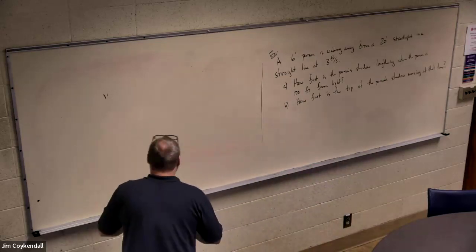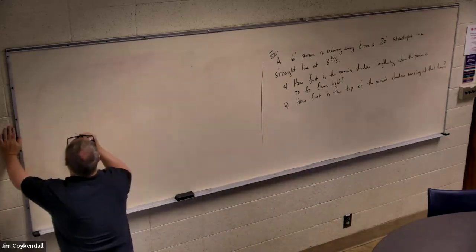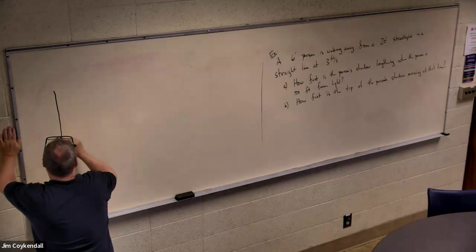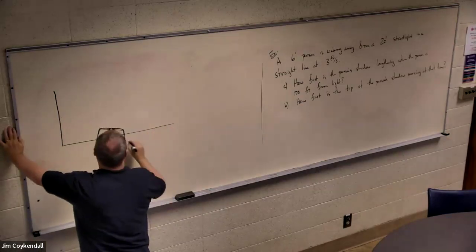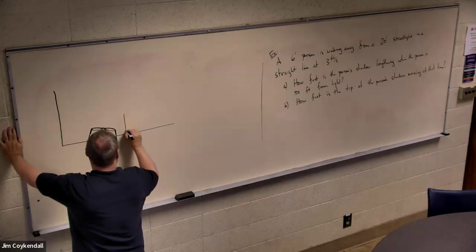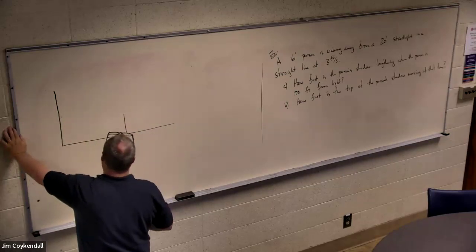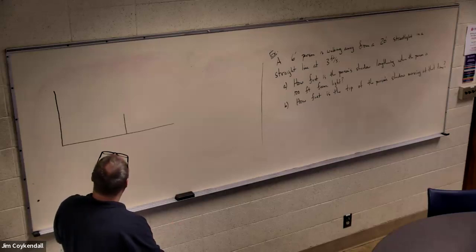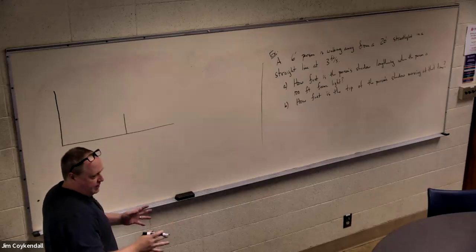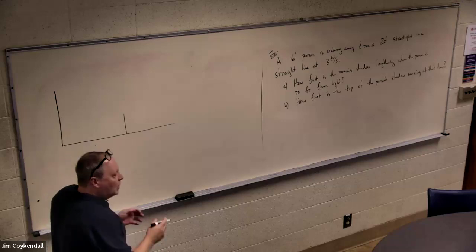This calls for a picture. There's the light pole. And here's the person. What a beautiful rendition of this. But remember, keep it simple. What can I label?